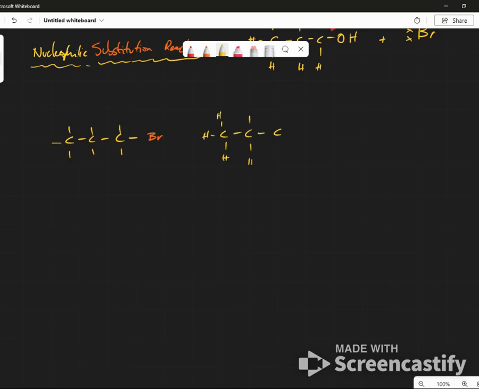I've just realized I'm doing the hydrogens. I think I have to do the hydrogens here. Figure out these names as I'm going along. What's the name of the one on the left? What's the name of the one in the middle? And what's the name of the one on the right?